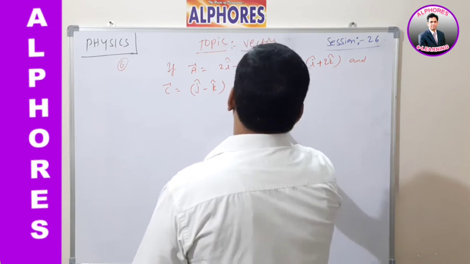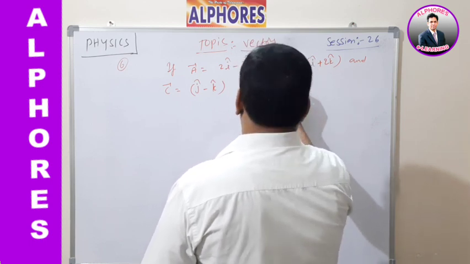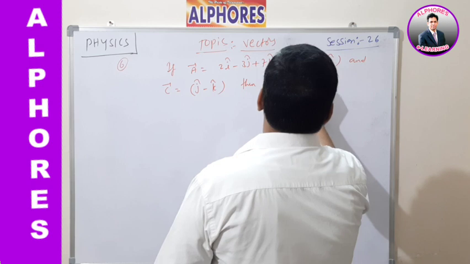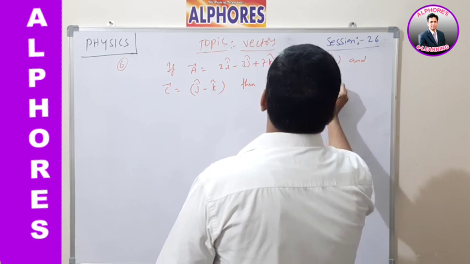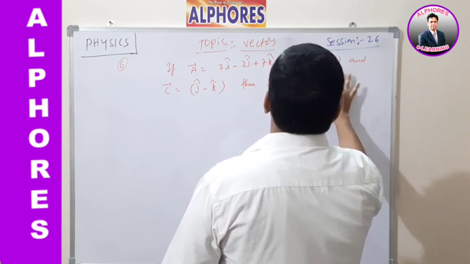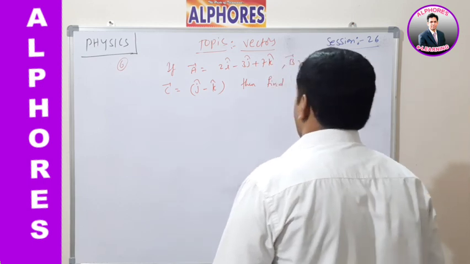Then find A bar dot B bar cross C bar, this vector.